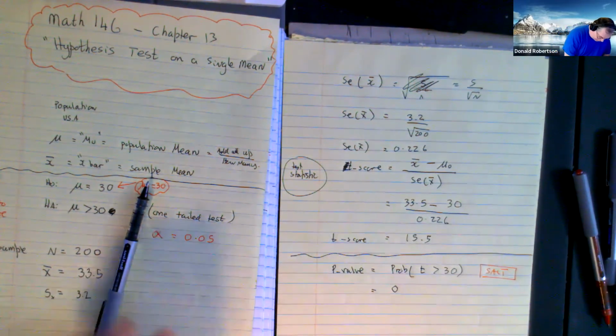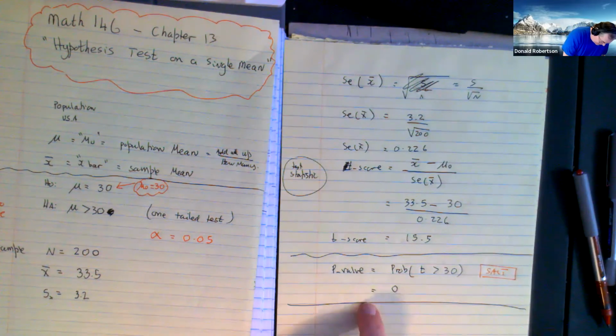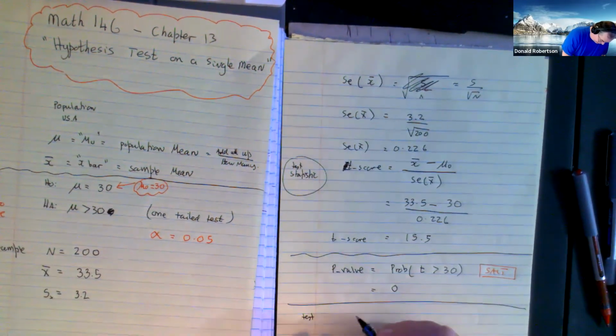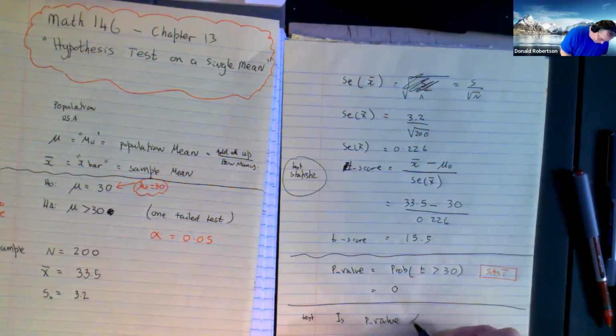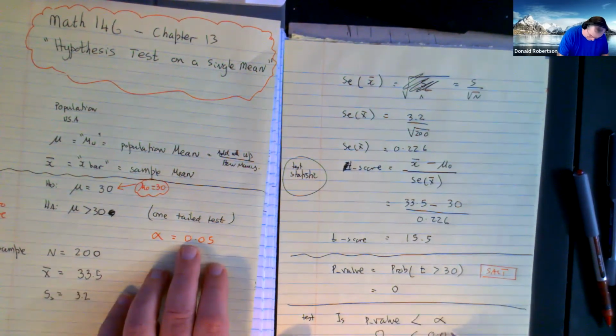Now, once you've got to the p-value stage, the next one, just like it should be, is the test. We ask, is our p-value less than the significance level alpha? In this case, our p-value was 0, and is it less than 0.05?